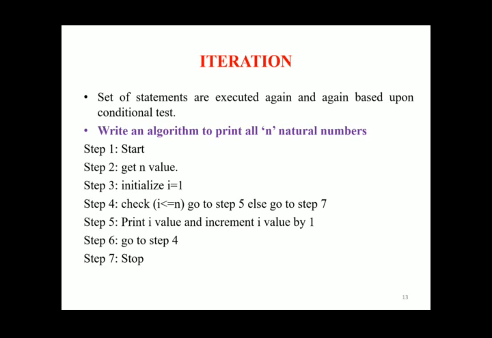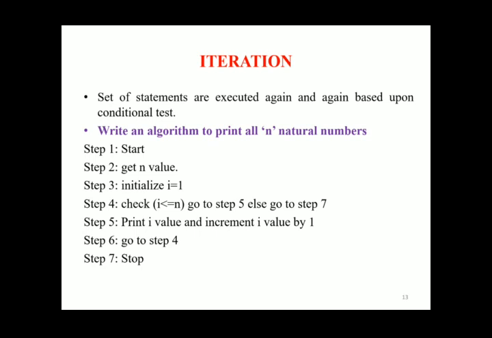So 2 less than or equal to 5. Now the condition is true, and as per the instructions in step 5, the second natural number gets printed and the value of I gets incremented to 3. So again the process gets repeated for n times. When I becomes 6, the condition given in step 4 gets rechecked.